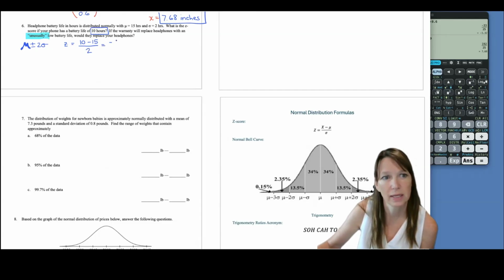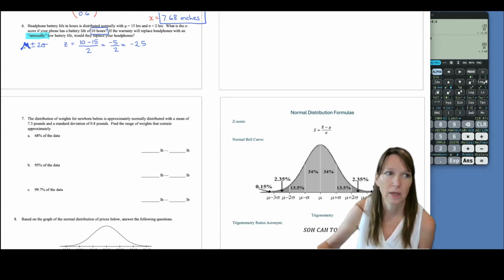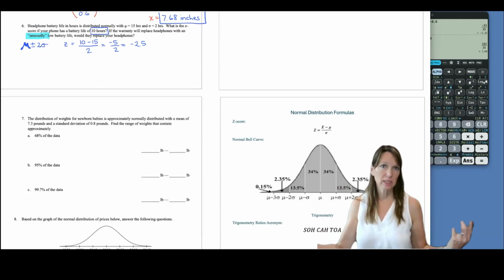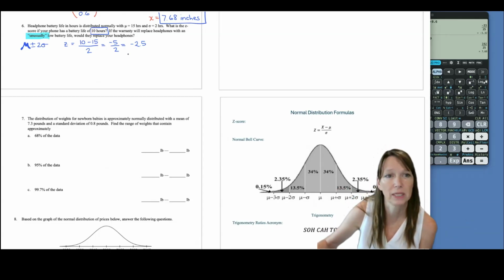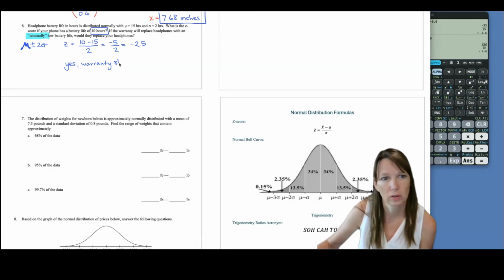So we get negative 5 divided by 2, which is equal to negative 2.5. So is that beyond 2 standard deviations from the mean? We would say yes, the warranty should cover replacement.